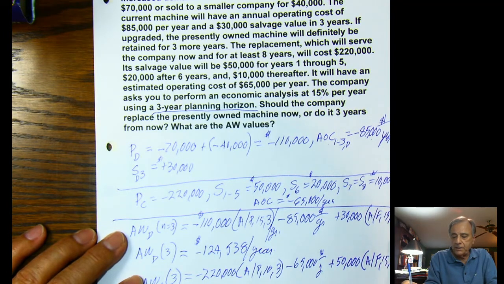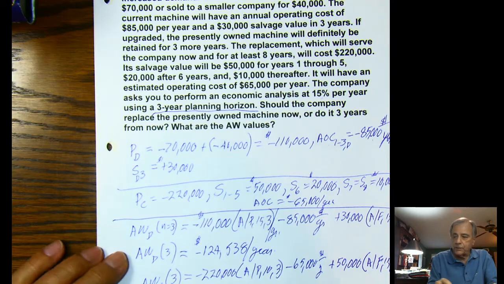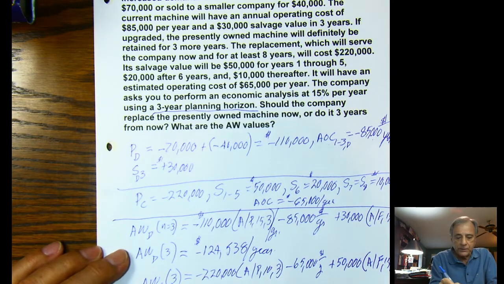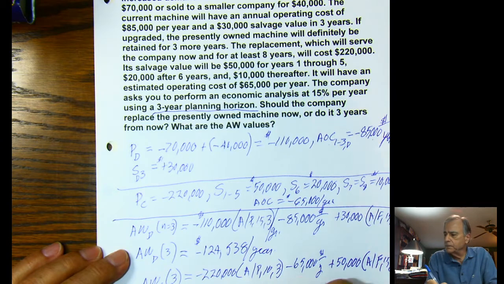And if you crank through all of that, you'll get that the annual worth of the Challenger is minus $146,957, and that's going to be dollars per year.